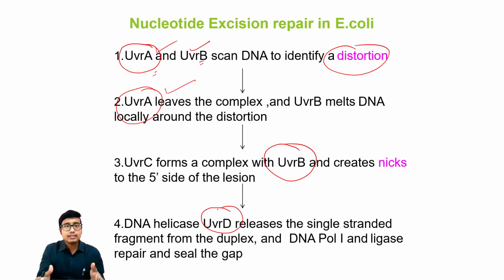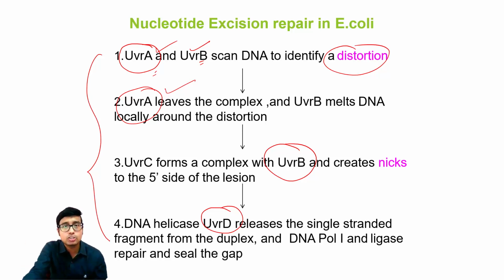It unwinds the cut segment and gets rid of it, and finally DNA polymerase uses the other intact strand as a template and synthesizes new DNA, and ultimately ligase comes and seals the gap. So these are the 4-step procedure of nucleotide excision repair, and this is the exact flowchart that you need to write in your answer paper if you don't have much time.